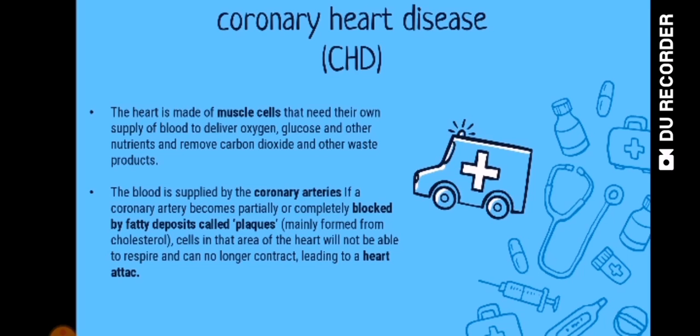So, coronary heart disease develops when the coronary arteries become too narrow. The coronary arteries are the blood vessels that supply oxygen and blood to the heart. Here I mean to the heart cells. Coronary heart disease tends to develop when cholesterol builds up on the artery wall, creating blockages.